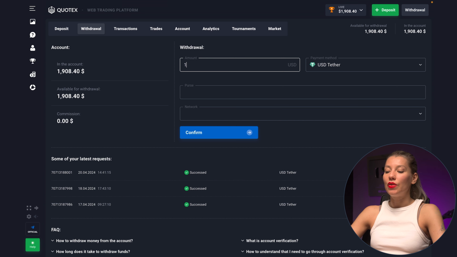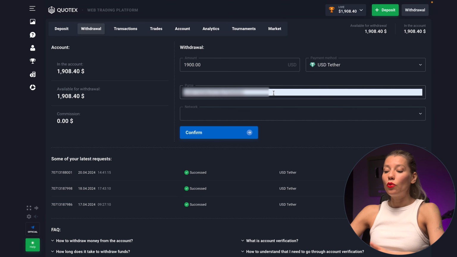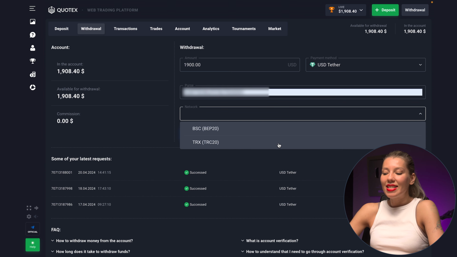We use USD and a payment method. Here I am entering my wallet, which consists of 20 or more digits, and as a network we will be using TRC20, and that's it, guys.